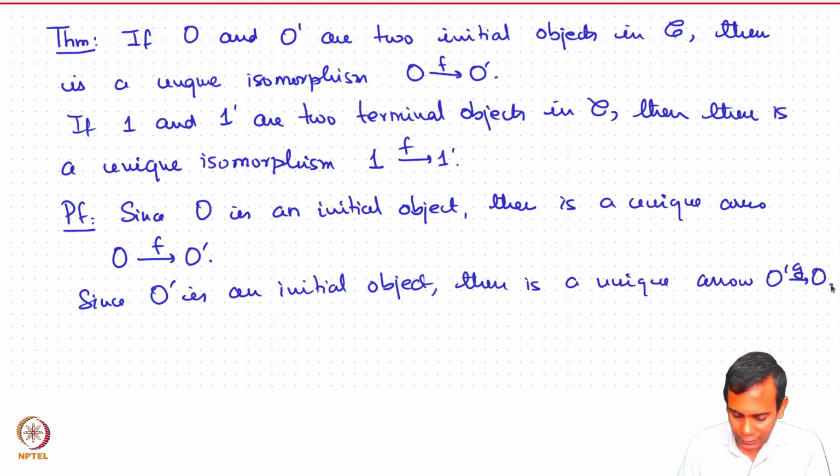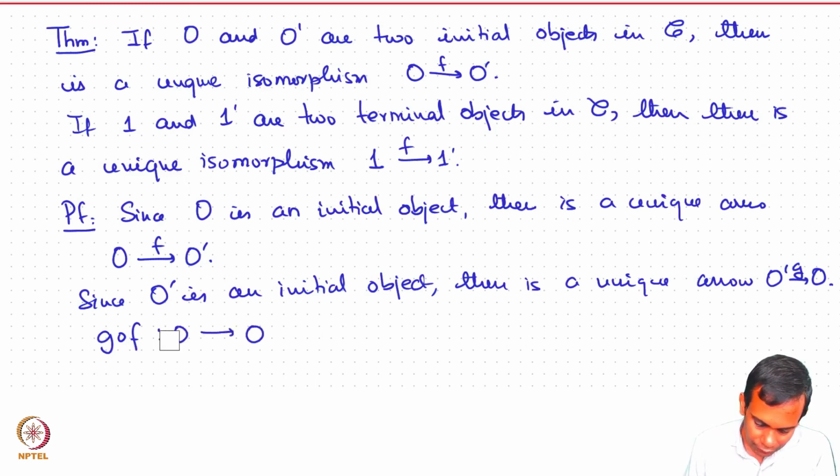Now I want to claim that g is the inverse of f. Now g circle f is an arrow from where? So f goes from 0 to 0 prime and g goes from 0 prime to 0. So g circle f is from 0 to 0.